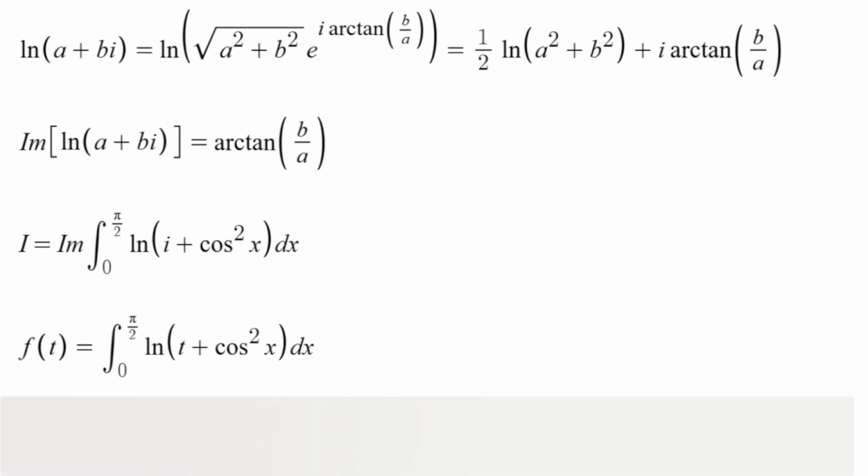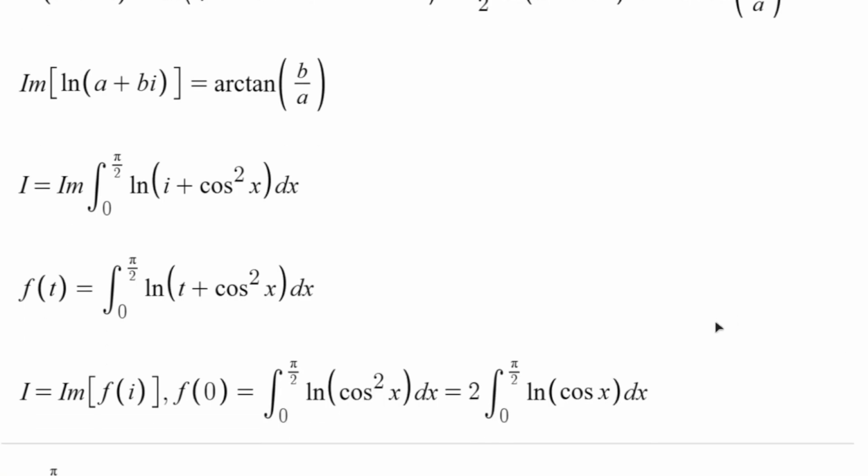So next, we can say that our original integral, big I, is the imaginary part of our function f of t evaluated at i. And we'll also state that f of 0 is just going to be the integral from 0 to pi over 2 of natural log of 0 plus cosine squared x. Of course, that's just cosine squared x.